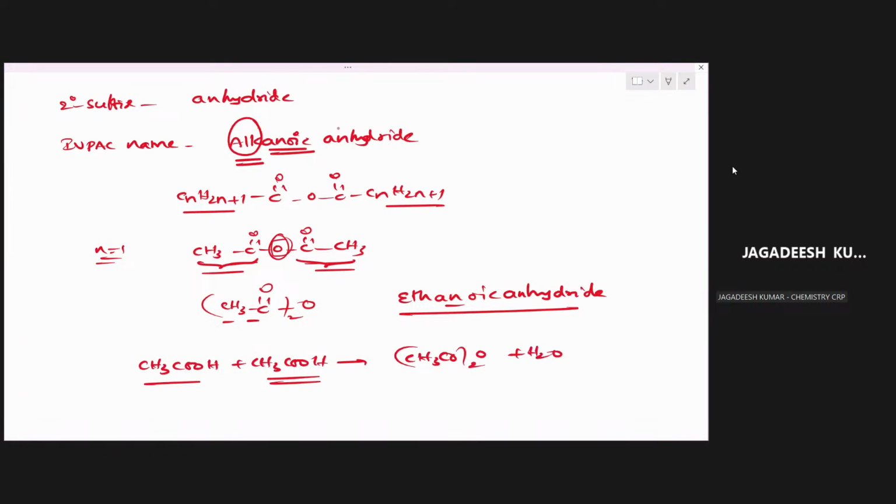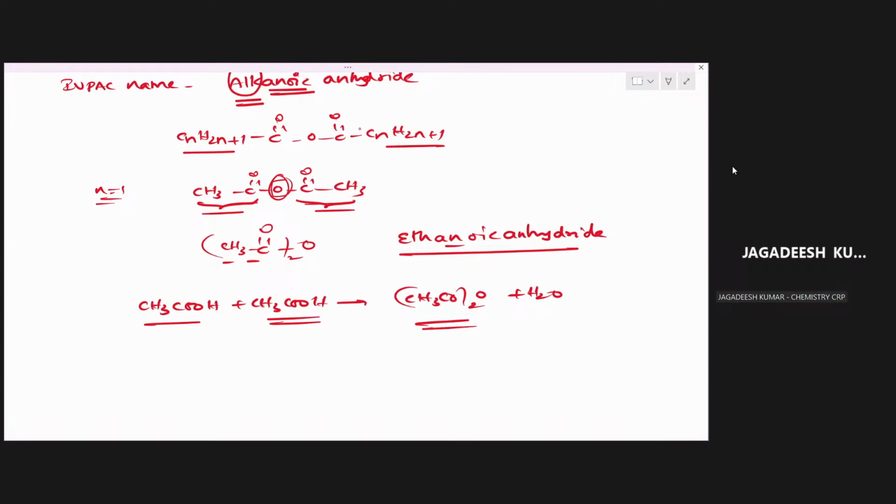This is how anhydride is formed. Both acids, either the same acids or different acids, combine to form anhydrides. That's why this anhydride is formed from 2 moles of ethanoic acid, and is called ethanoic anhydride. So we are considering only 2 carbons because the anhydride is formed from ethanoic acid.